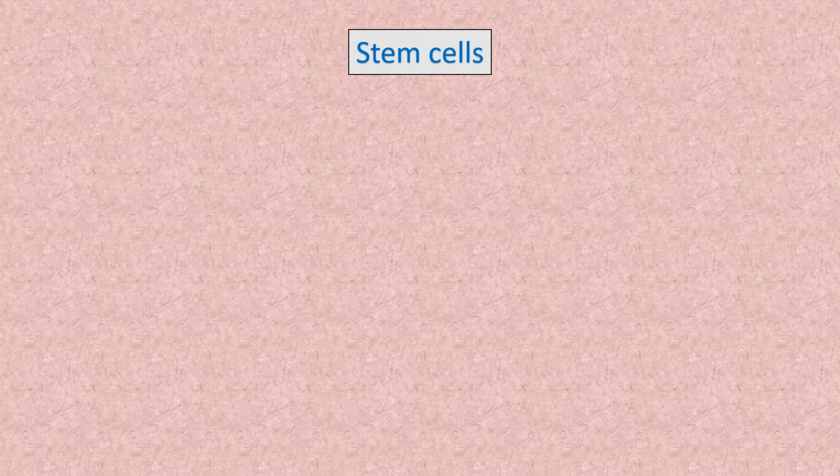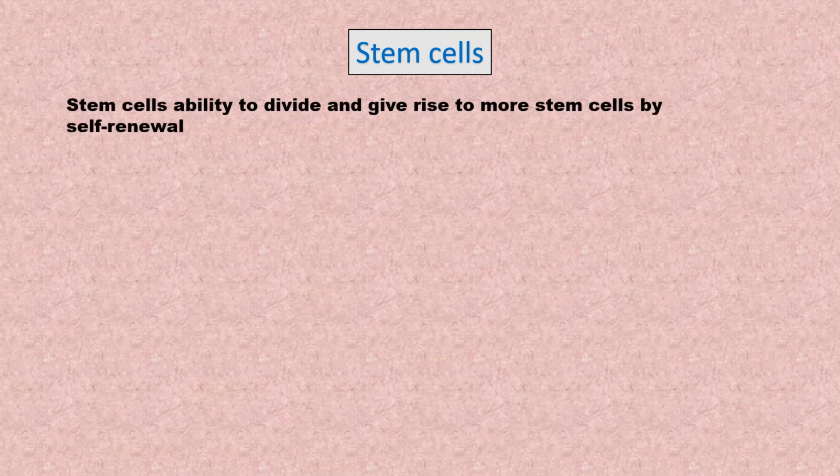In contrast to differentiated cells, stem cells are called undifferentiated or unspecialized cells. Variable potency is the number of possible fates that cells can acquire.